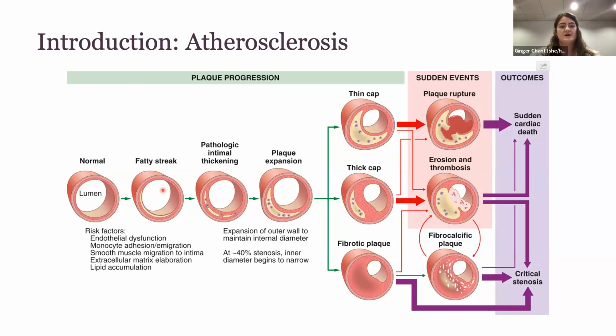Your lumen is not too narrowed, but as you can see, as it gets further and further progressed, there is severe stenosis, which our pathologist, Dr. Dobson, shared that it's greater than 70% stenosis or narrowing of that arterial lumen, where we really have significant clinical implications. So in this bottom area, we would have critical stenosis for the renal arteries, but if this is in the heart, we could have sudden cardiac death.